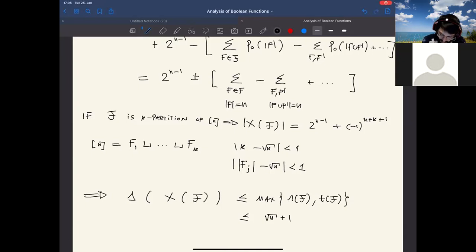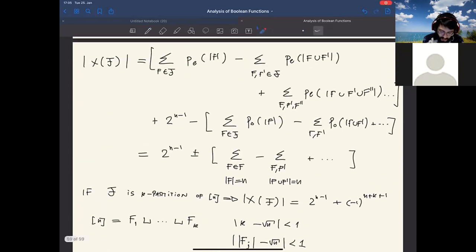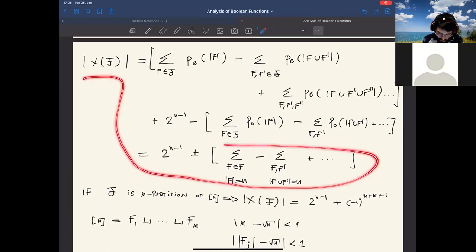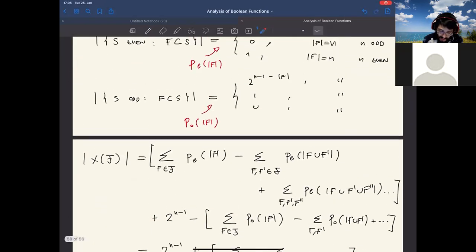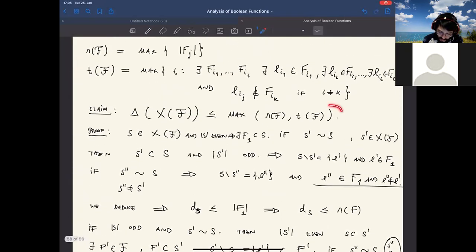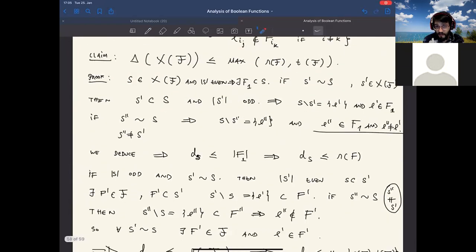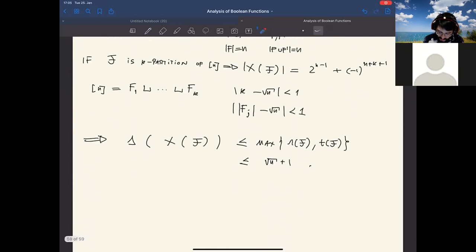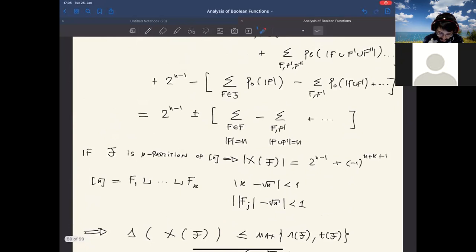Pretty much, and so this is pretty much what you can do, and then that's it. You have proven the claim, the construction. So what we did was we did the general construction where we estimated a number here, and we estimated the degree by this lemma, and then by just taking a simple choice of subfamily f, that gave us a set of size at most square root of n plus 1, and also the size of x is what? 2n minus 1 plus this guy.